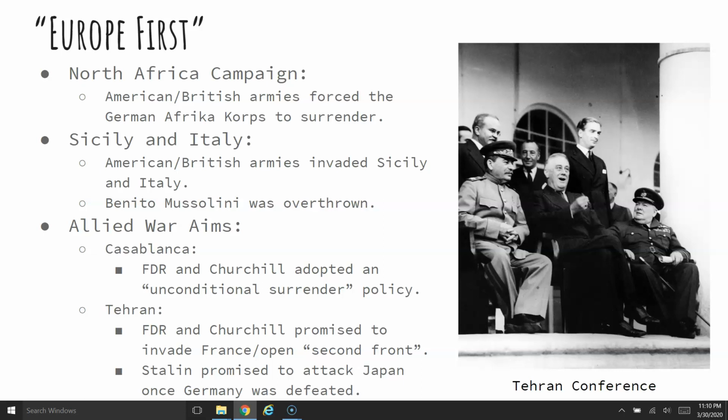And the number of Russian soldiers who have been killed or wounded is in the millions at this point in time. And he wants some of that pressure taken off of his troops. So essentially, they strike a deal.